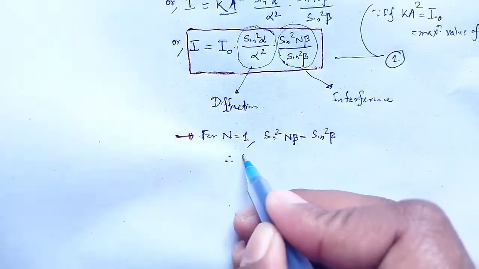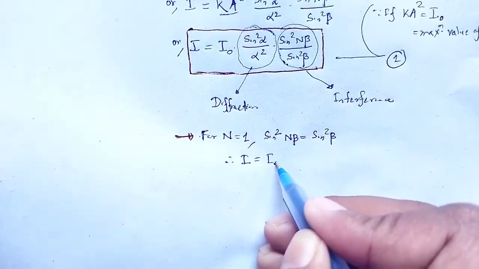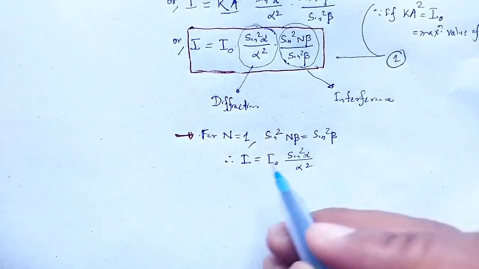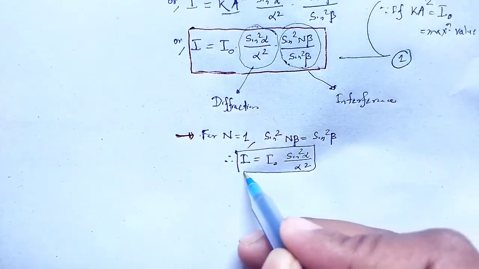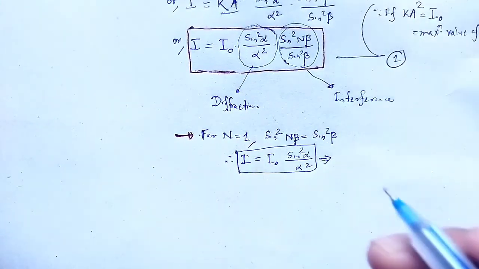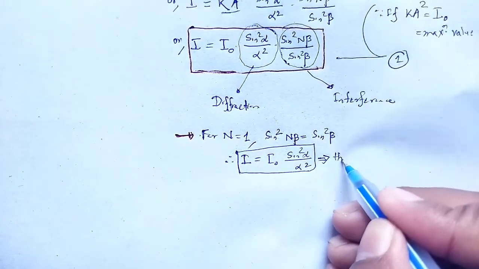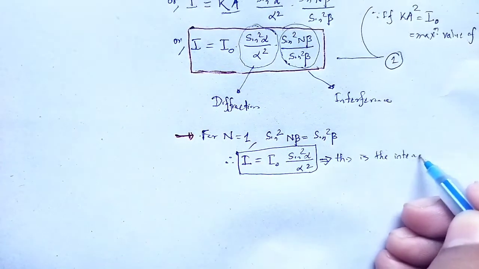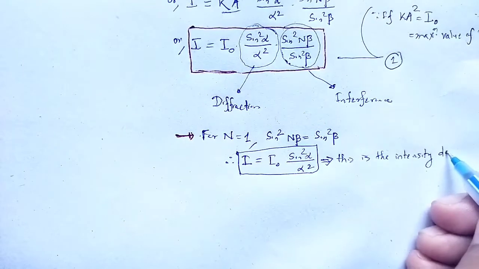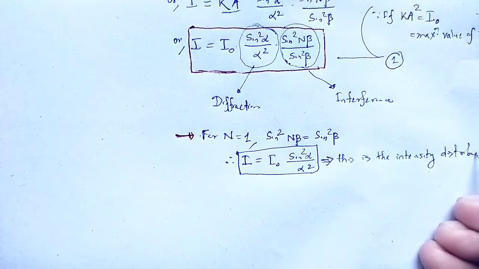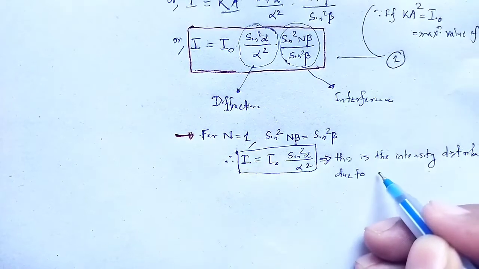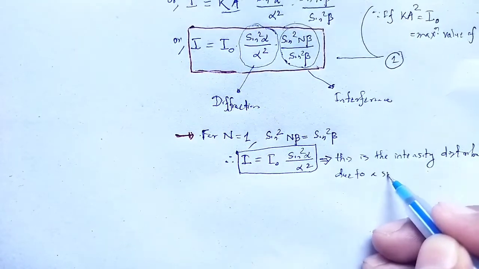Therefore, I is equal to I naught sin square alpha by alpha square, which is the intensity distribution due to a single slit.